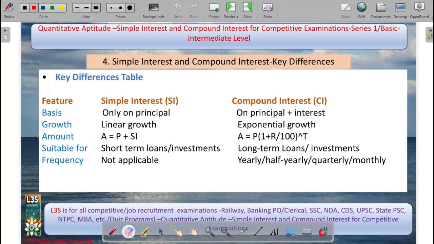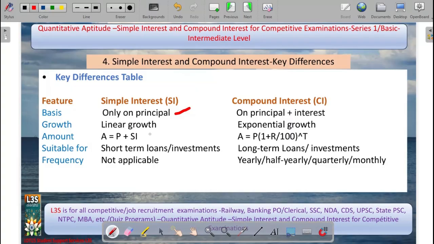Next we will discuss key differences between simple interest and compound interest. So basis: simple interest is based only on the principal amount, and compound interest on principal plus interest. We already showed one example.